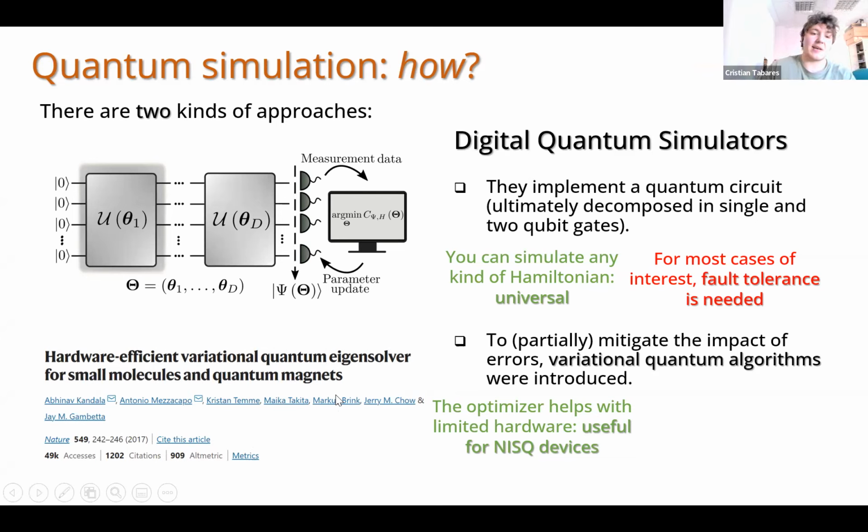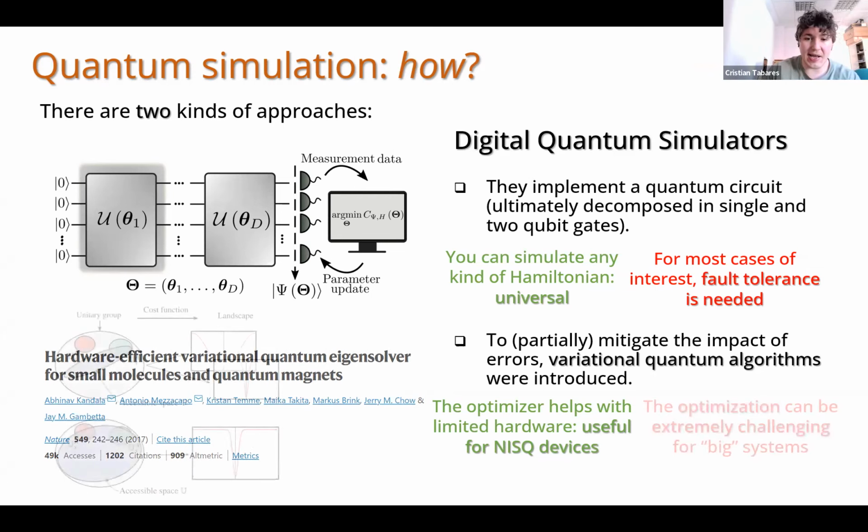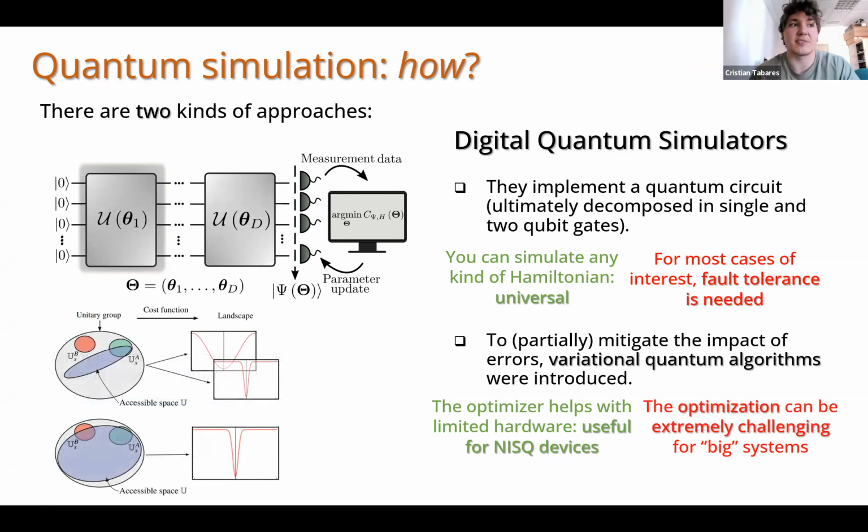But the problem with this is that here they studied a toy model, and as long as you increase the size of the system, which is what we would like to do if you want to obtain any type of quantum advantage, the optimization problem can be extremely challenging. Just to discuss why this happens, I have here two plots. This is our accessible space.